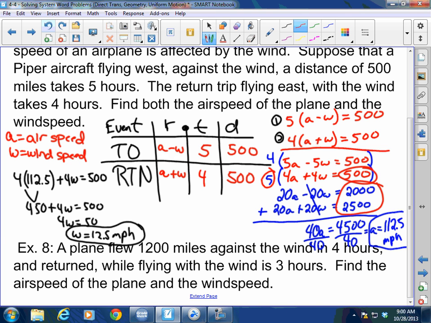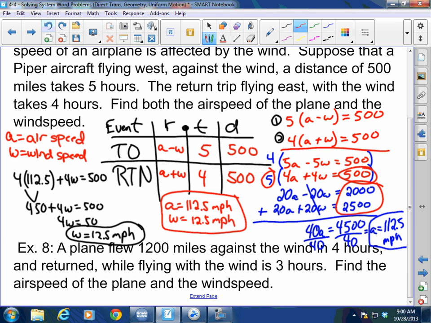So in the end here, my airspeed, 112.5 miles per hour. My wind speed, 12.5 miles per hour. What's really important here, though, is using logic to determine if that's reasonable. Is that reasonable, guys?